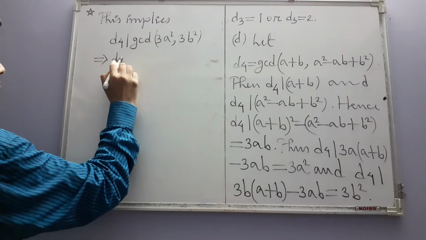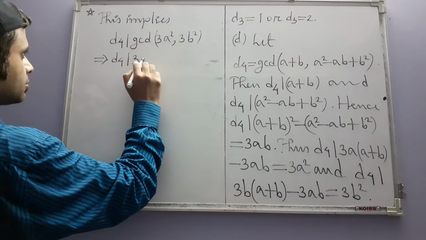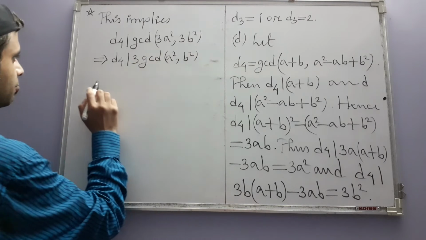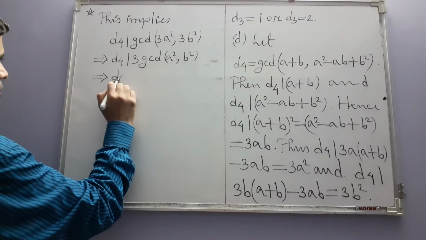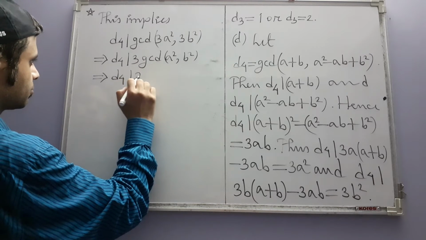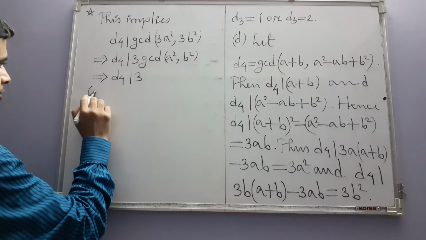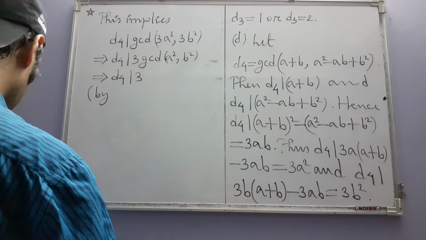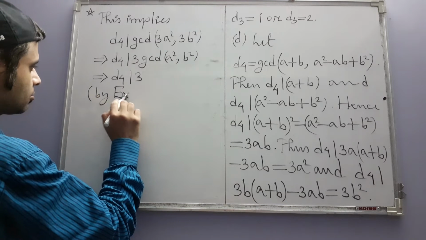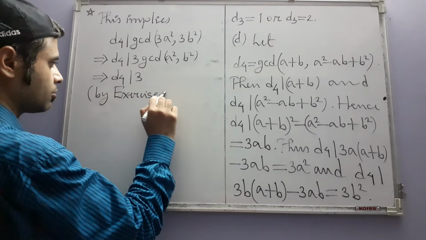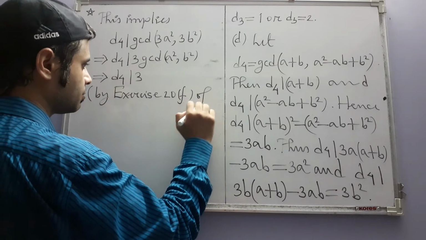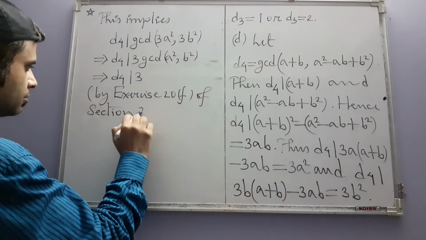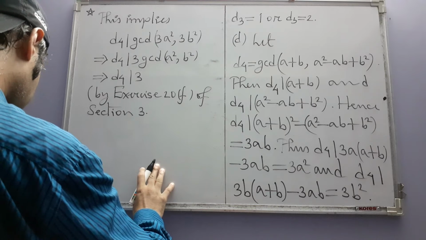Which implies d4 divides 3 times the GCD of a square and b square, and this is again going to be 1, because we have already used it once more. d4 divides 3, by exercise 20F of section, is it 3?